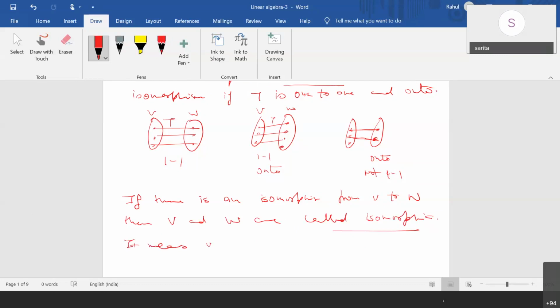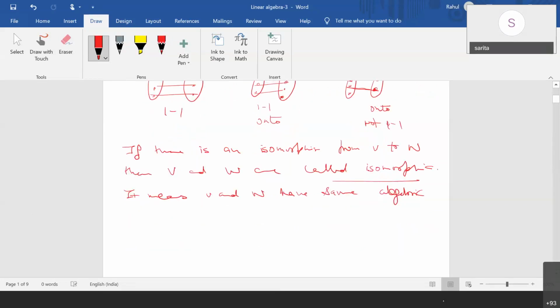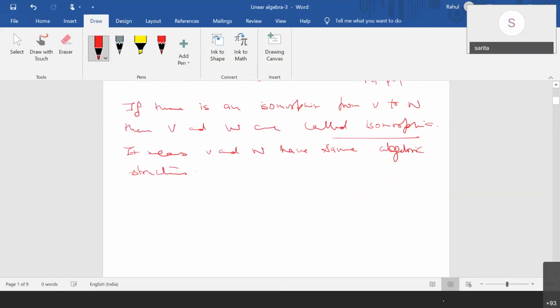In some applications we are looking for spaces which have the same algebraic structures, so that is why this concept is used. Now there are some important properties of isomorphism.